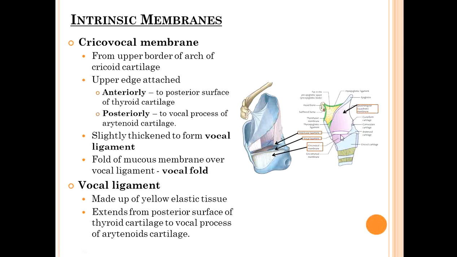You can see this is the triangular cricovocal membrane, attached anteriorly to the posterior surface of the thyroid cartilage and posteriorly to the vocal process of the arytenoid cartilage. It is thickened here, and that is known as the vocal ligament. So the cricovocal membrane is this whole thing, and if it is thickened here, that is known as the vocal ligament.